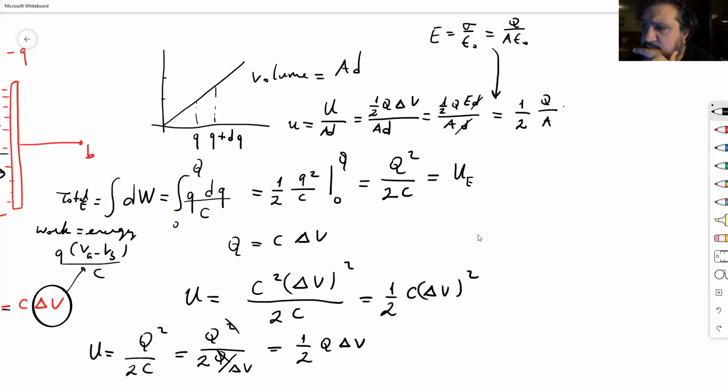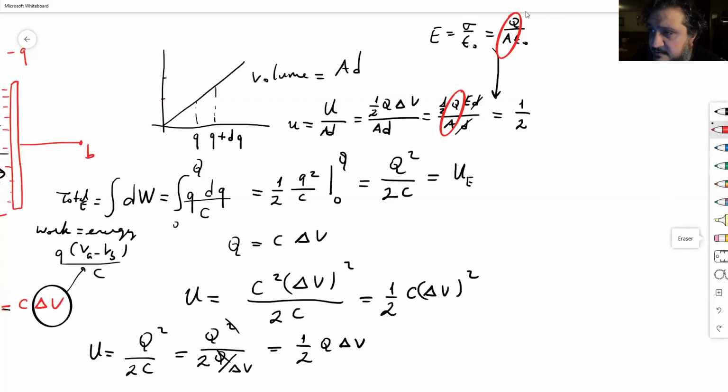So let me replace Q over A. Let me do it the other way around. Let me replace Q over A with epsilon 0 times E. So this here, Q over A, is also here, right?